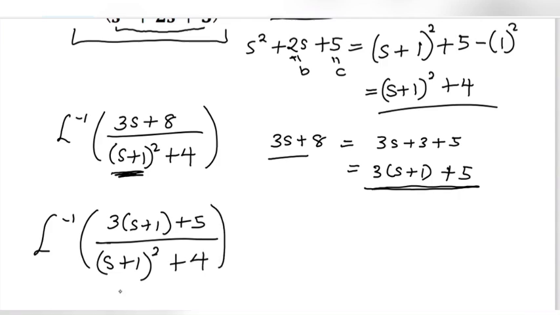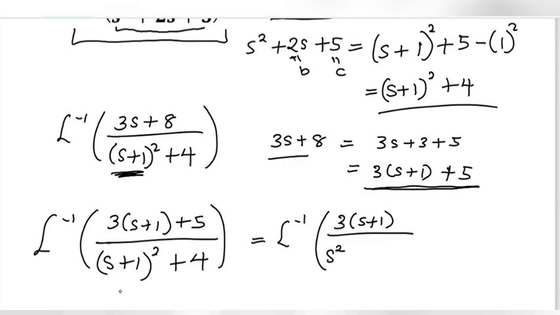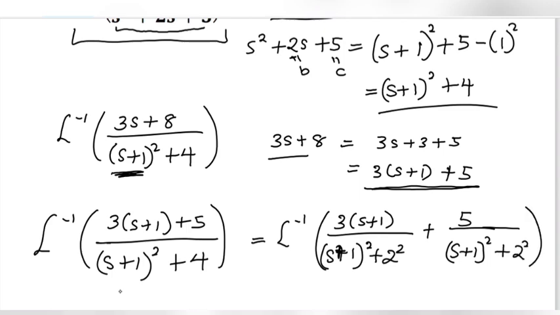And if you apply linearity here, you have that this will be Laplace inverse of 3 into s plus 1 all over s plus 1 all squared plus 4. 4 is 2 squared, then plus 5 over s plus 1 all squared plus 2 squared.